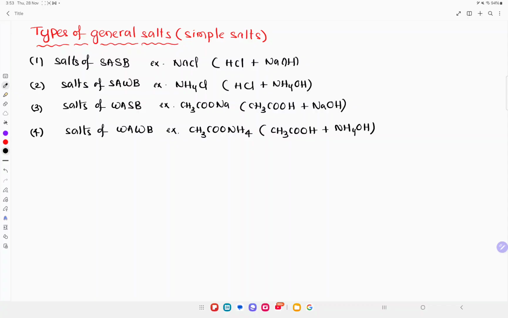Next topic, hydrolysis of general salts. Before going to learn hydrolysis of general salts, we must know some points regarding hydrolysis.